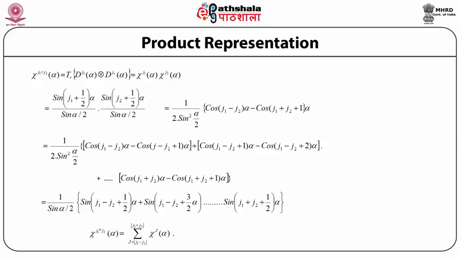This implies that the character of j1 cross j2 alpha, that is, the character of the product representation, is the sum of the characters of the representations chi of j alpha for a given group element alpha, summed over all values of j going from j1 minus j2 magnitude to j1 plus j2 magnitude, which are 2j plus 1 in number.